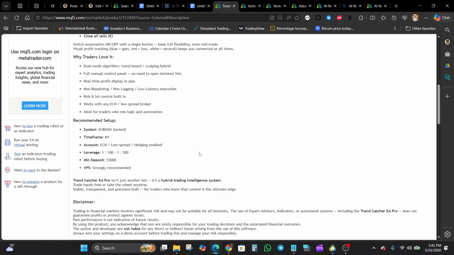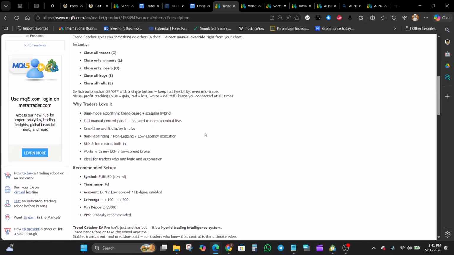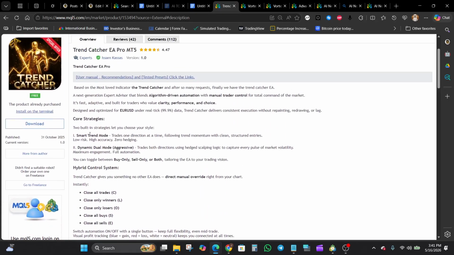for more stable execution. One thing that stands out immediately is that the EA includes two separate operating modes. The first one is called the Smart Trend mode, and you can see that here, which according to the description trades in one direction at a time while following trend momentum.